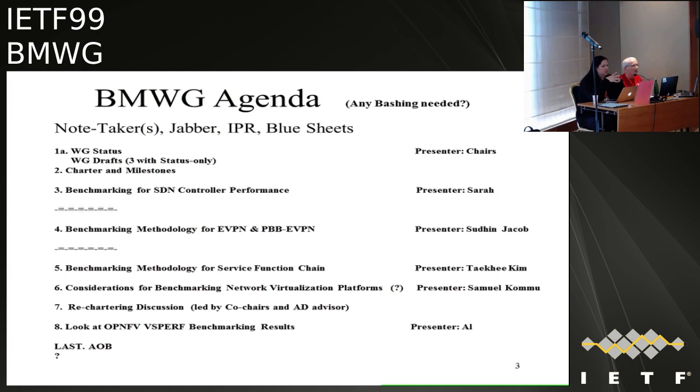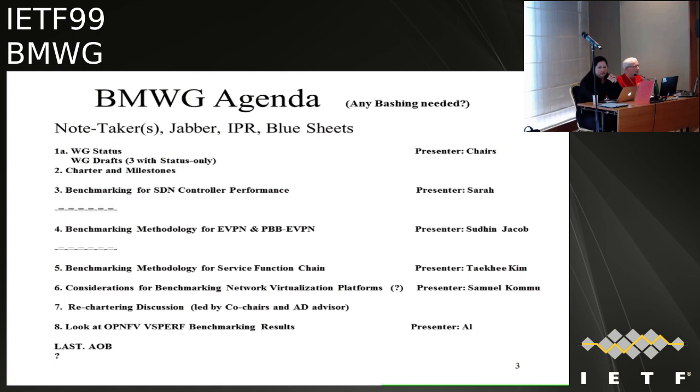Writing one word in an email reply, support, doesn't get it over the edge. We really need expertise in these areas to be able to complete the work in a manner that's going to be useful to the industry. That's the kind of thing we're looking for in the review comments. When you say that you support a draft and you reviewed it and you have this question about it, that's how you demonstrate that expertise.